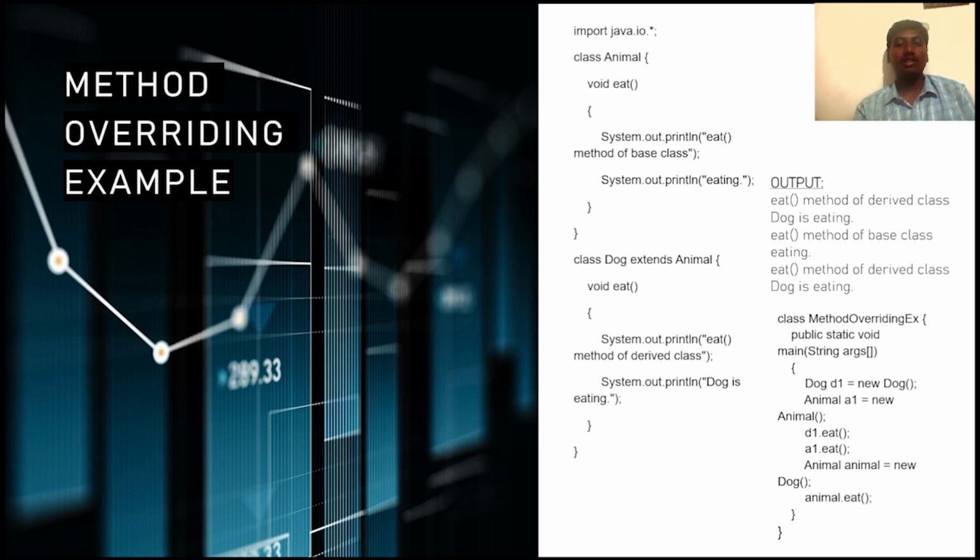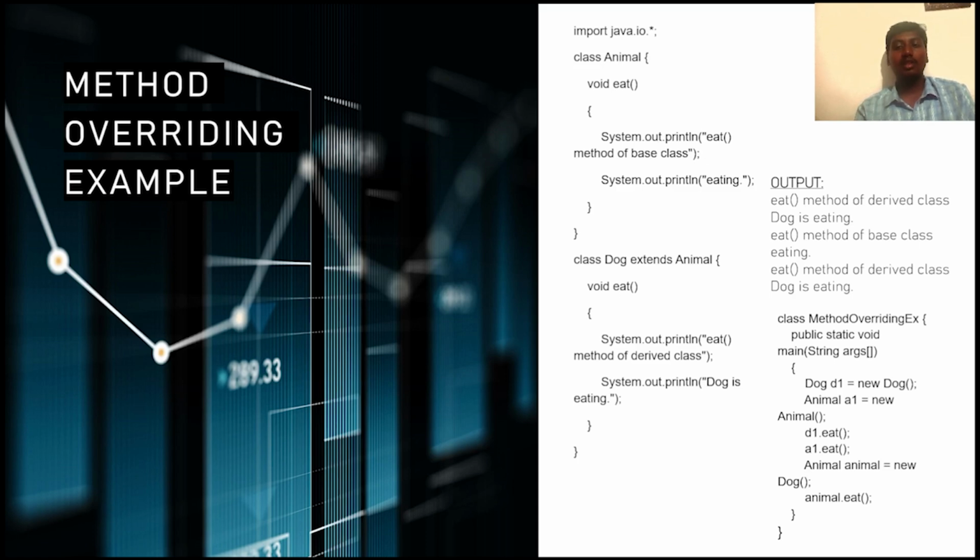Then class Dog extends Animal. So Dog is extended from the class Animal, and void eat is called, and again System.out.println prints the eat method of the derived class, Dog is eating.